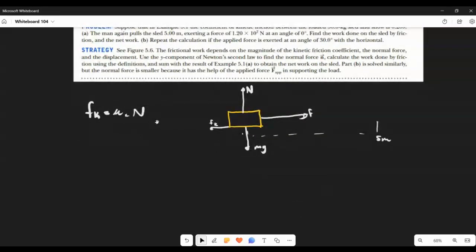But we obviously need the normal force, so we sum up the forces in the y direction and make that equal to 0. The normal force is going up minus the weight equals 0, and therefore the normal force equals mg, right?